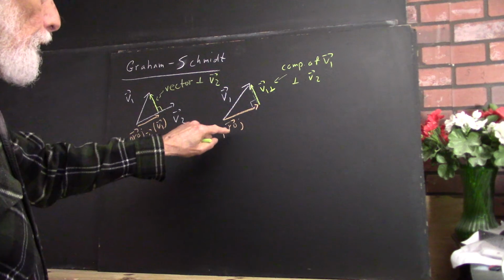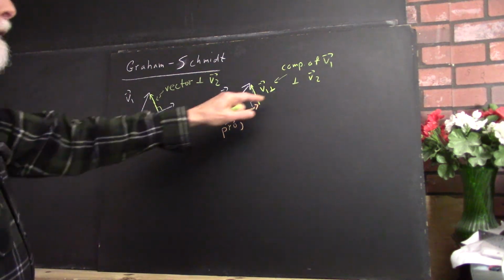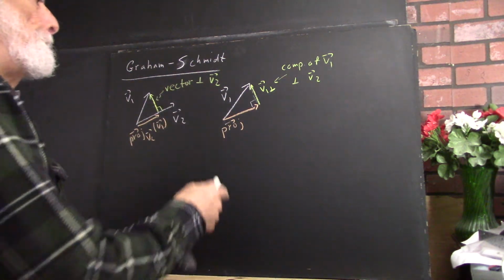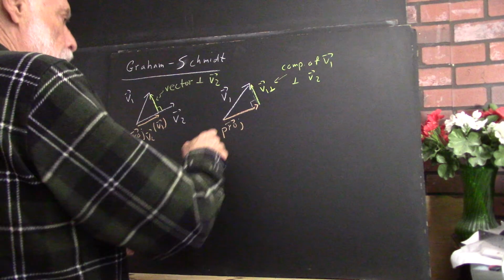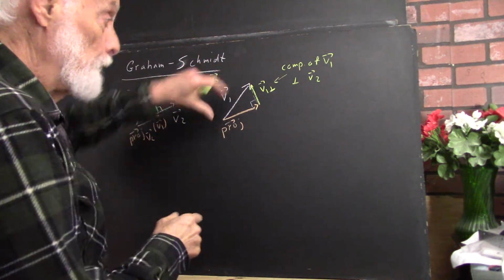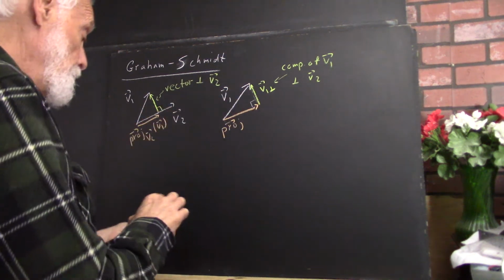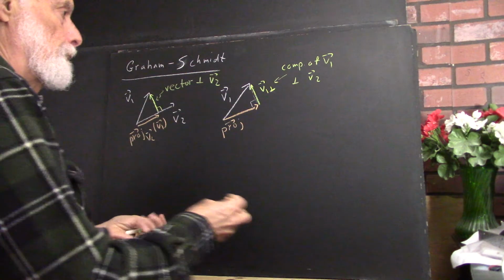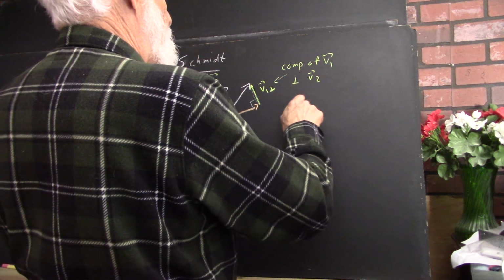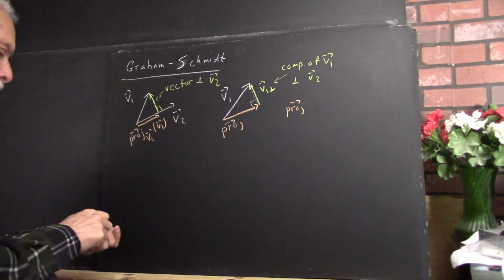We can calculate the projection. So we can calculate v1 perpendicular. Why? Because this vector plus this vector equals this vector, equals v1. The projection plus this v1 perpendicular equals v1. So we can write projection, which is shorthand for projection on v2 of v1.